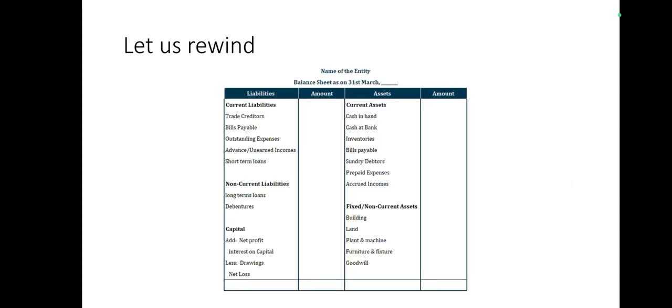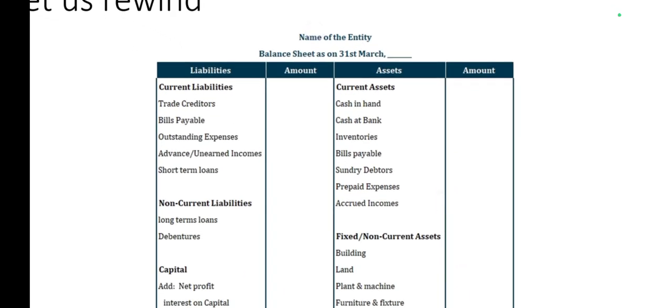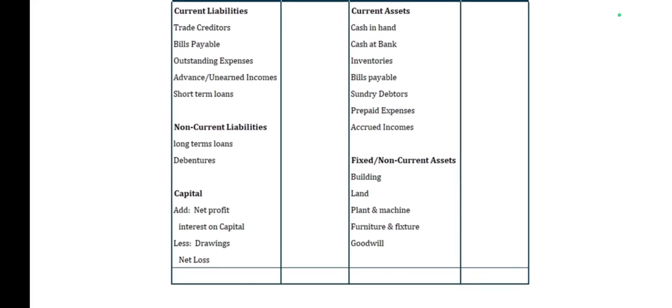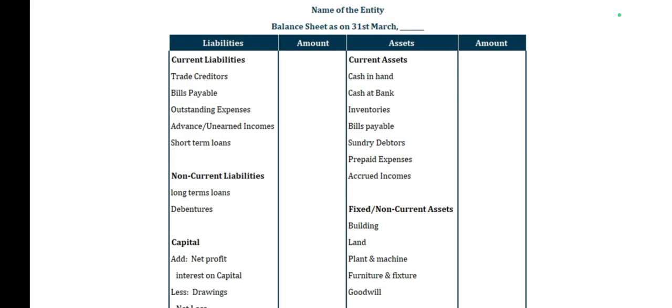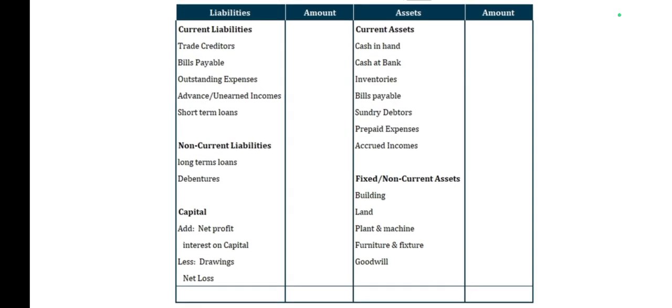So here we have the format of the normal balance sheet, the balance sheet of a sole proprietor, which we used to prepare in class 11th. You can clearly see that we have liabilities and assets. In liabilities, we have current liabilities, non-current liabilities, and capital.